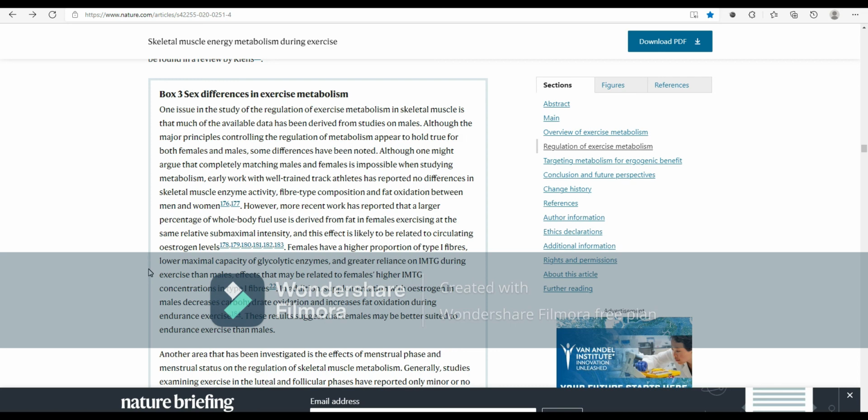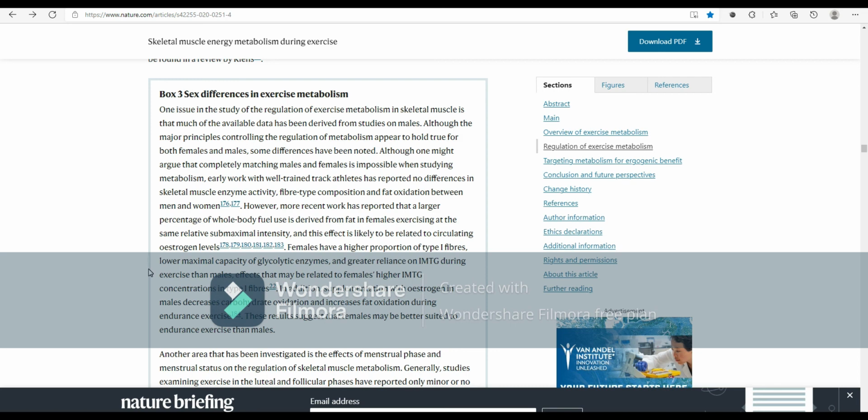One is devoted to work with high intensity but low duration, and the other more designed for working with low intensity and high duration. So females have a higher proportion of type 1 fibers and lower maximal capacity of glycolytic enzymes.